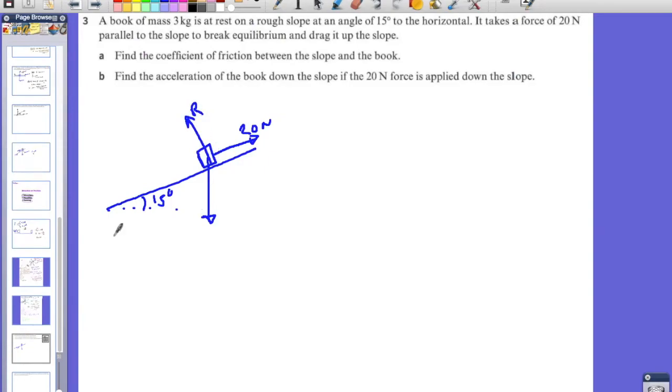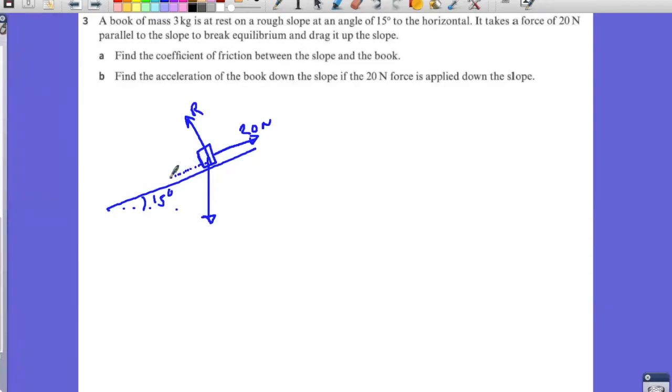You have R there. And then you have mg sine theta here. And you also have mu R here.